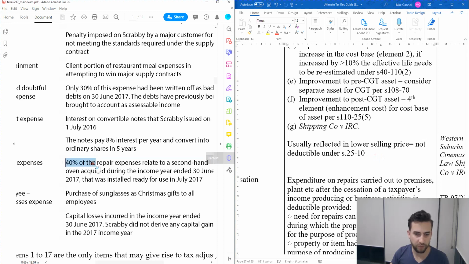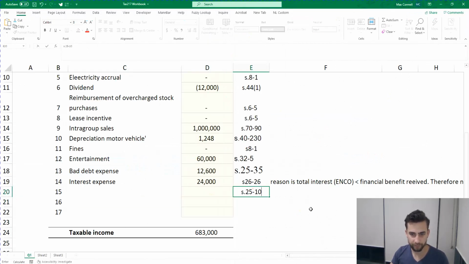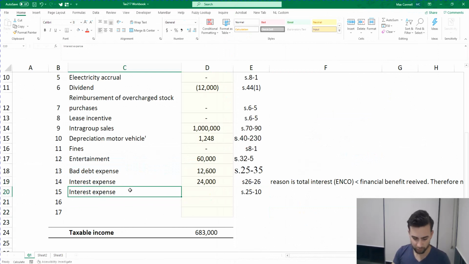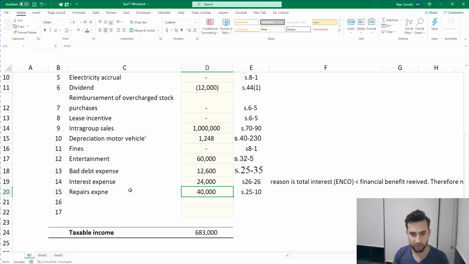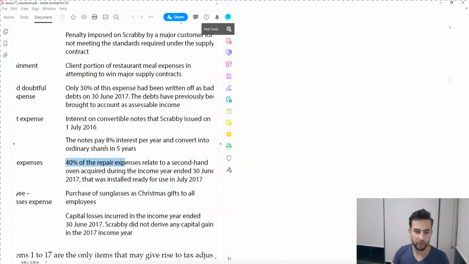So we know that the 40% of the repair expenses is not deductible because of this provision, section 25-10. So we need to add back 40% of the 100K, which is going to be 40K. Okay, and then move on to part 16.